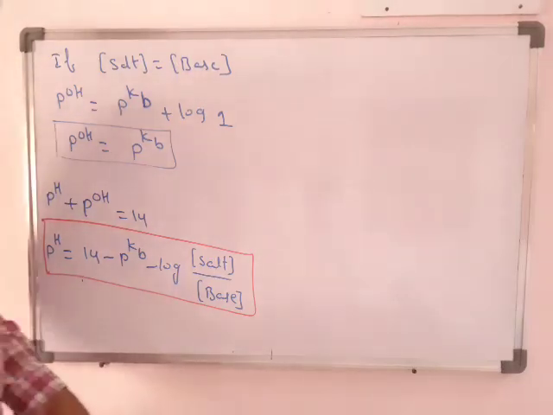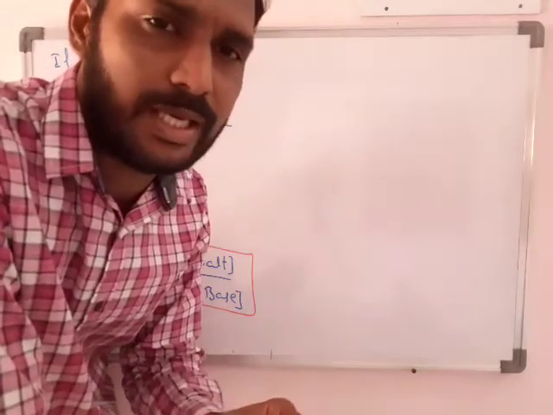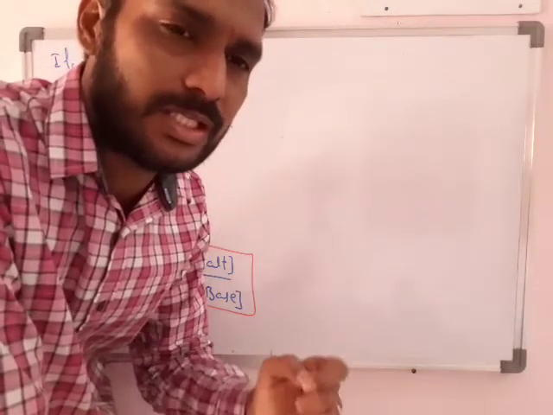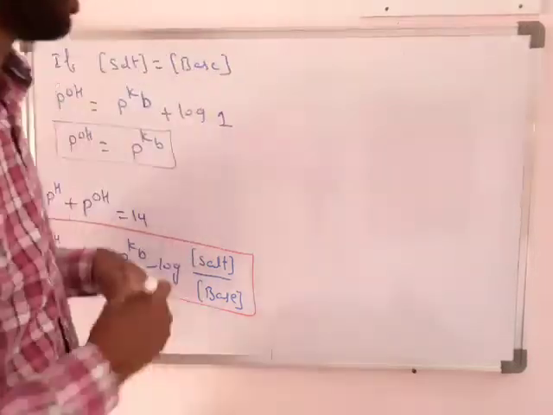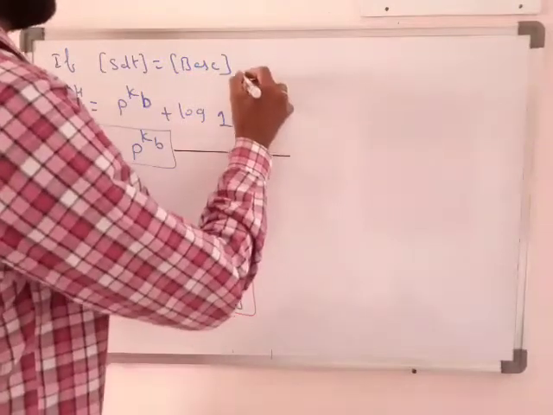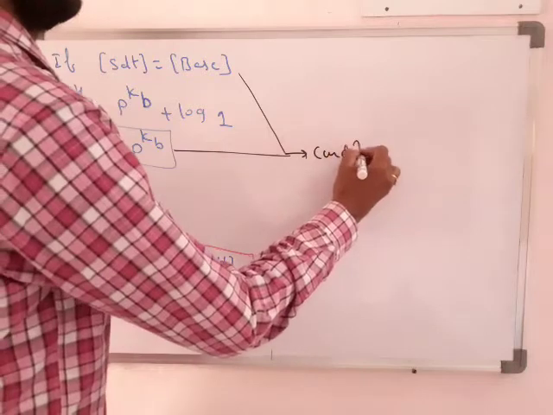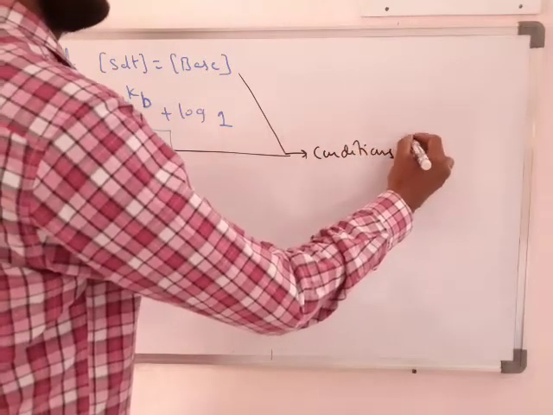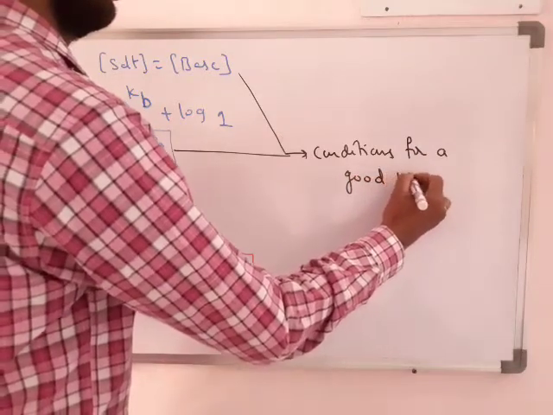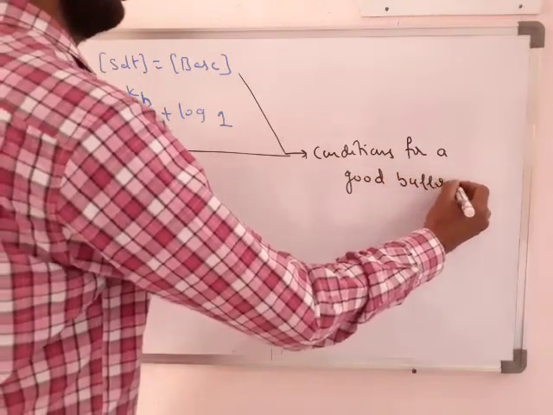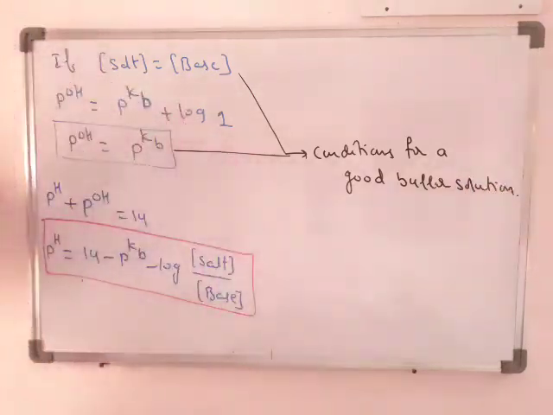Okay. So just like in an acidic buffer solution, pH equals pKa, in the same way, in the basic buffer, if pOH equals pKb, they work as a good buffer solution. Means these two are treated as conditions for a good buffer solution.